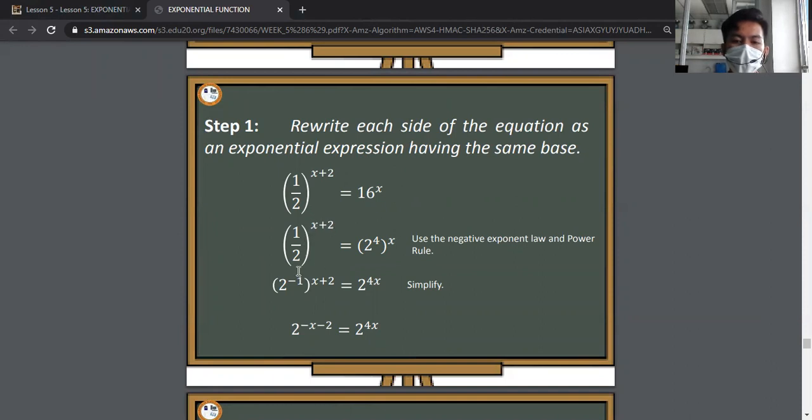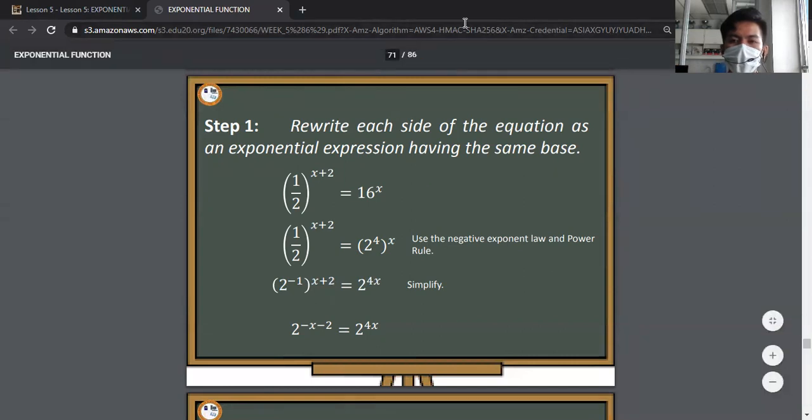Reciprocal po natin para umangat po itong 2 po natin. Magiging negative na po yung exponent po natin. Okay po. So, our answer will be 2 raised to negative 1 multiplied by x plus 2 is equal to 2 raised to 4x.